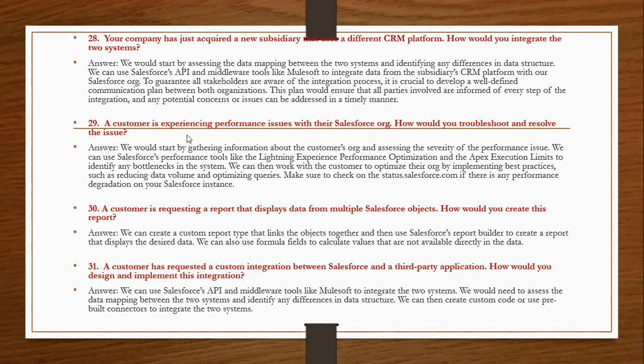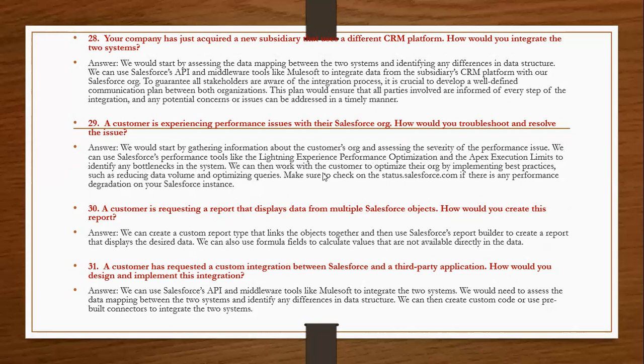Next question. A customer is experiencing a performance issue with their Salesforce org. How would you troubleshoot and resolve the issue? We would start by gathering information about the customer and assessing the severity of the performance issue. We can use Salesforce performance tools like the Lightning Experience performance optimizer and the Apex execution limits to identify the bottleneck in the system.